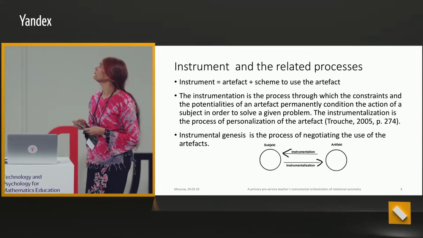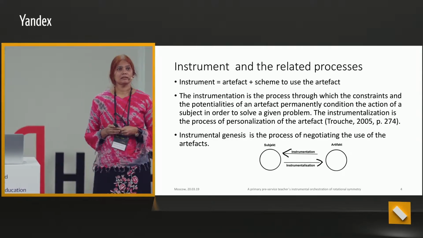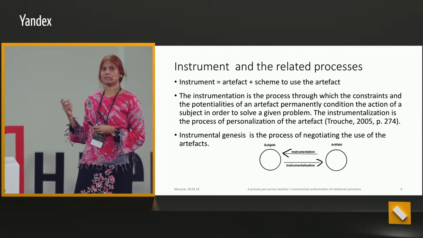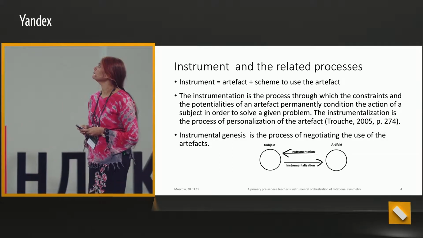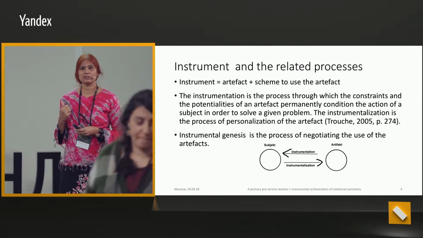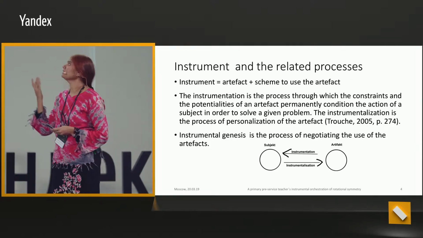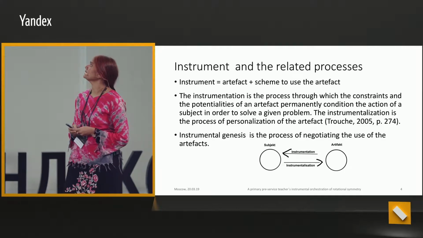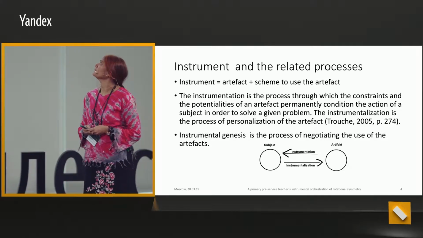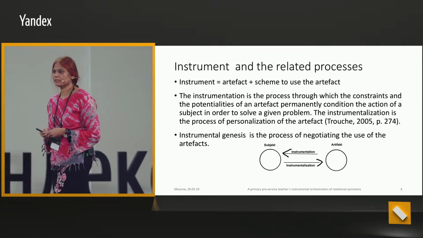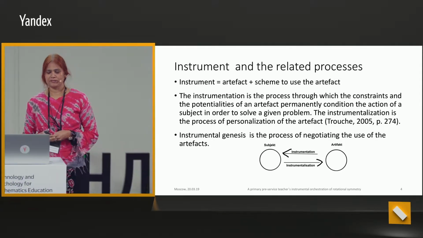Let's get into the terms that I will be using in this theoretical framework. I use the word instrumental orchestration. So I have to define what it means: instrument. Instrument is artifact plus a scheme to use the artifact.